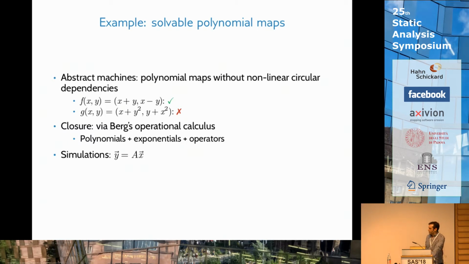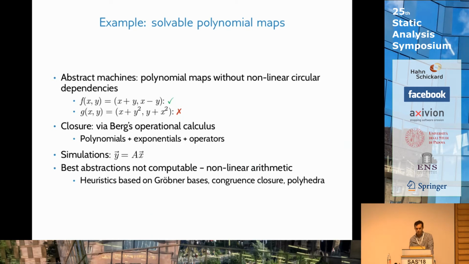All right, let's fix a class of simulations to be linear simulations again. But we see that best abstractions aren't computable because we're operating in nonlinear integer arithmetic now. So we can't distinguish unsatisfiable from satisfiable relations in nonlinear integer arithmetic, so we can't hope to compute non-trivial best abstractions.